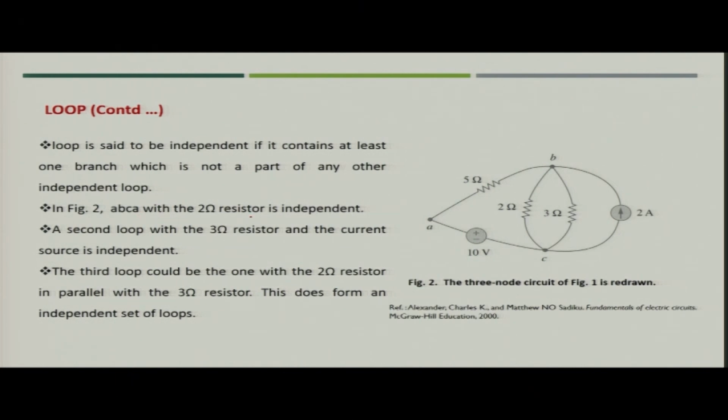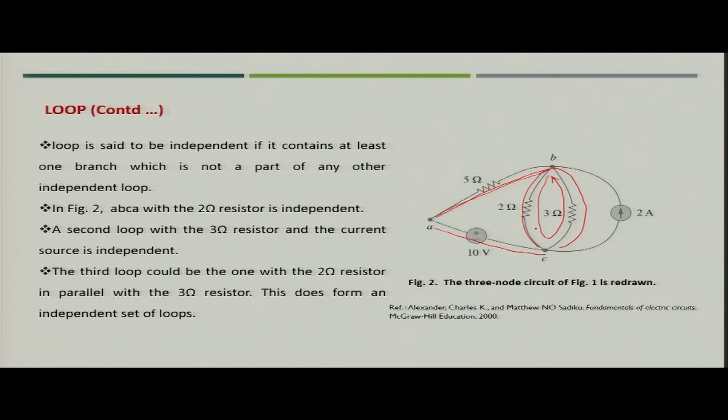Now, if you see this figure, if you connect A, B, C and A in this fashion, this will be considered one independent loop, or alternatively you can go with A, B and C, which is through the 2 ohm, and then A, that will be another independent loop, or you can have the 2 and 3 ohm connected, that is also another independent loop.